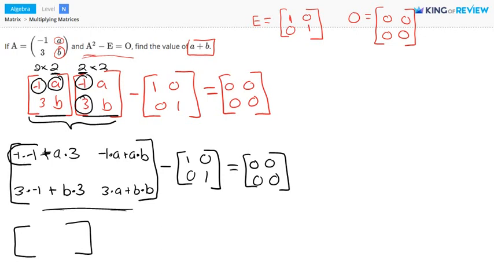So this first entry, negative 1 times negative 1 plus a times 3, is going to give us 3a plus 1. 3 times negative 1 plus b times 3 is 3b minus 3. The next entry is ab minus a. And finally, we have b squared plus 3a.